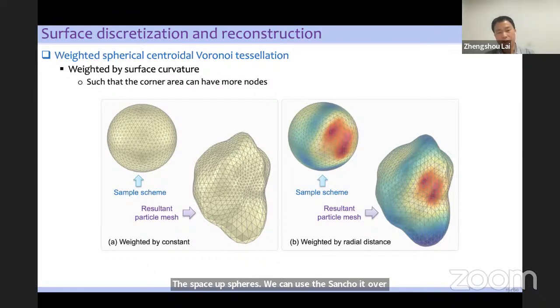If the area is close to the center, we can specify a greater weight, so after projection its spacing will be regularized. We just use the weights of the Voronoi cells to control the density of the surface points.